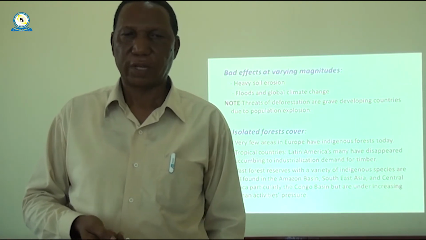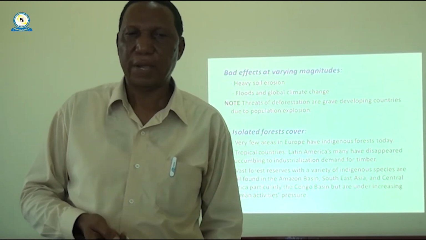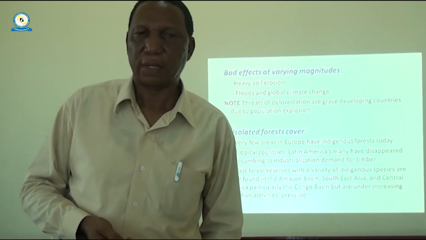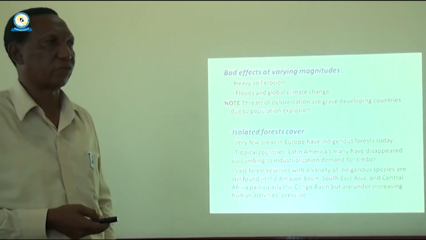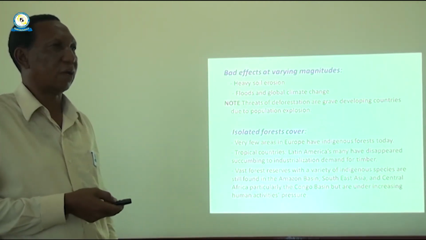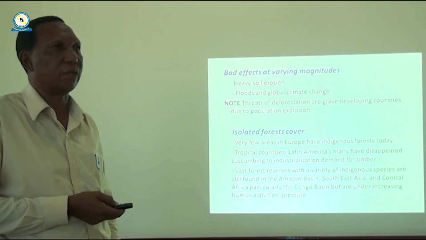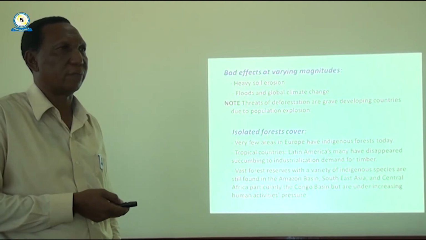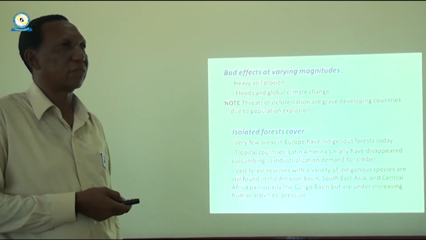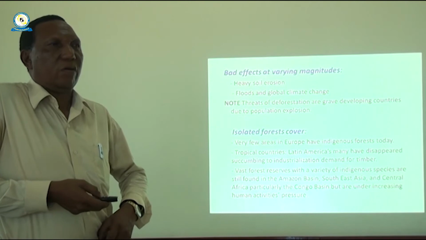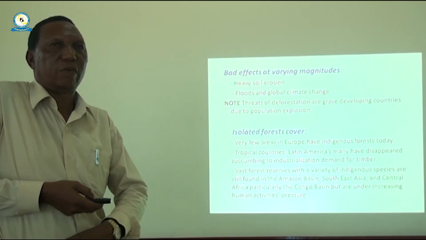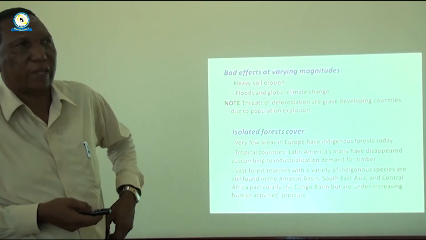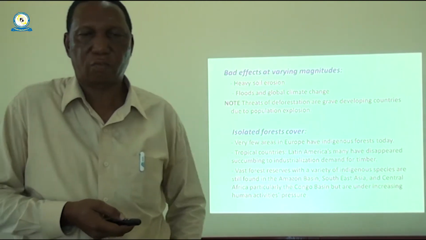Now, tropical countries like Latin America, many forests have disappeared, succumbing to industrialization. This process of cutting timber, particularly in Brazil, has depleted a lot of the indigenous forests, which have a variety of indigenous species.